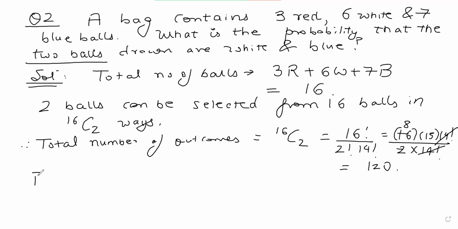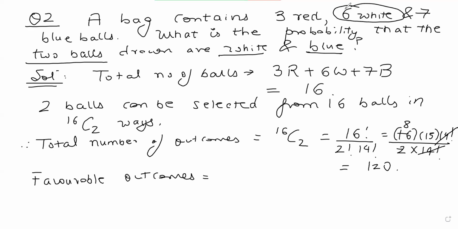What are my favorable number of outcomes? Out of the 2 balls I am selecting from 16 balls, 1 should be white and 1 should be blue. There are 6 white balls. From 6 white balls, I must select 1, and remember, in probability, "and" always means multiply. 1 ball should be blue.